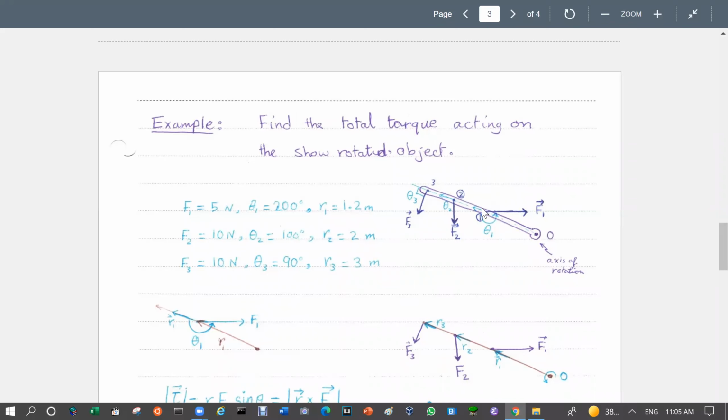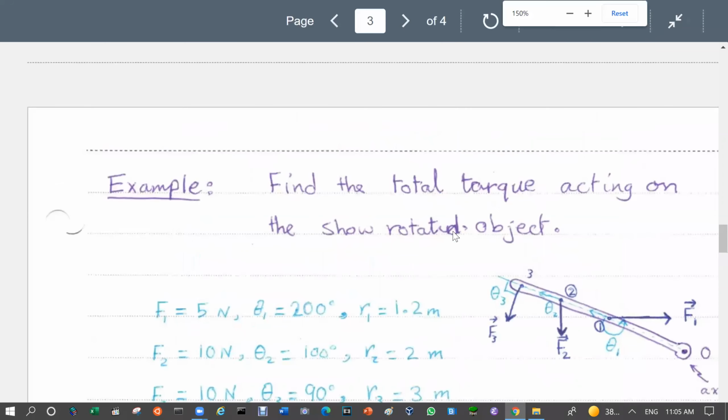You cannot tell me this is theta 1. It is from R to F. This is for the first force. We can find the first torque by knowing the radius, the theta, and the force. The second force at the second point has a different radius, a different angle, and a different force, which is F2.